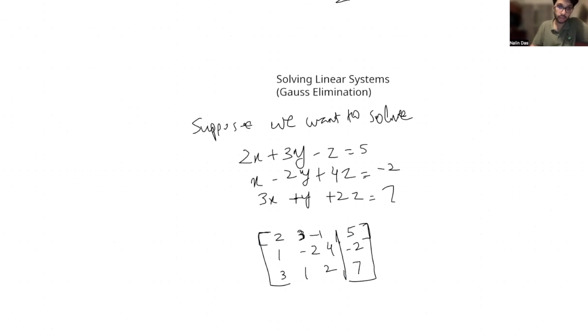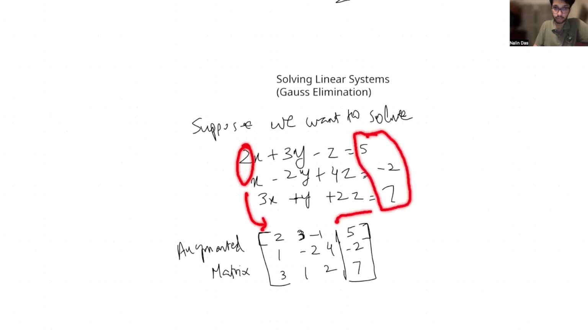This is basically what we call the augmented matrix. And we get this by taking the coefficients here, right? These coefficients are plugged in, and these final values on the right hand side are these values over here. So I hope this is clear.